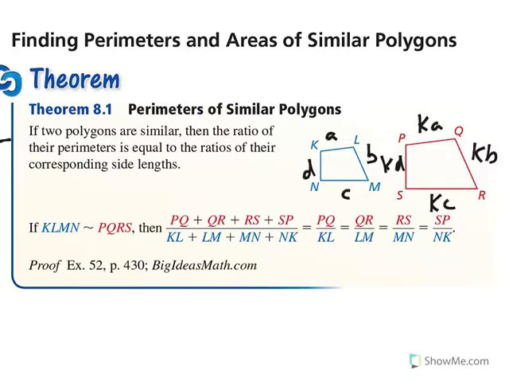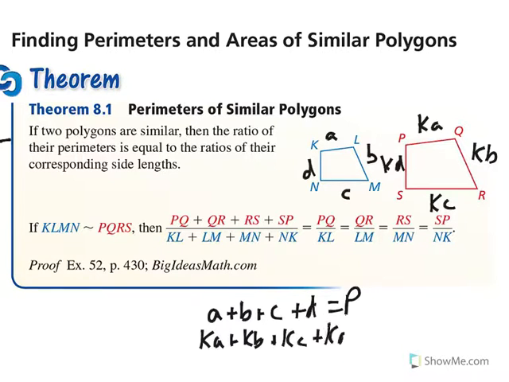If I wanted to find the perimeter, I would add them all up, right? So for KLMN, I would do A plus B plus C plus D would equal the perimeter. For the second one, I would do KA plus KB plus KC plus KD would equal the perimeter of my second shape.